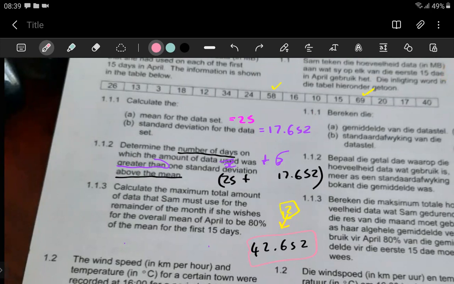Well, the question said calculate the maximum total amount of data that Sam must use for the remainder of the month if she wishes for the overall mean of April to be 80% of the mean of the first 15 days.